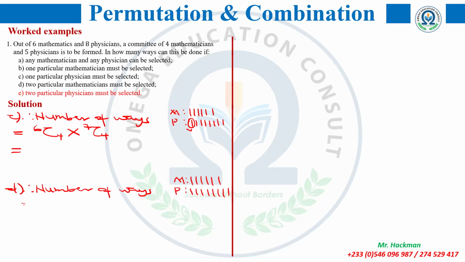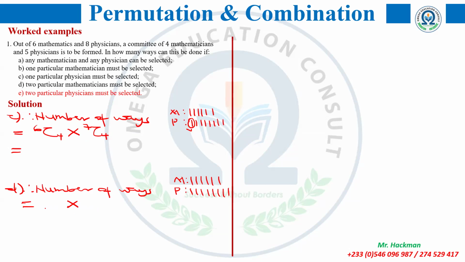Will be equal to. So here the condition is on which category? Which category, mathematicians or physicians? The D. Mathematicians, very good. So in this case, it means our physicians will be intact.